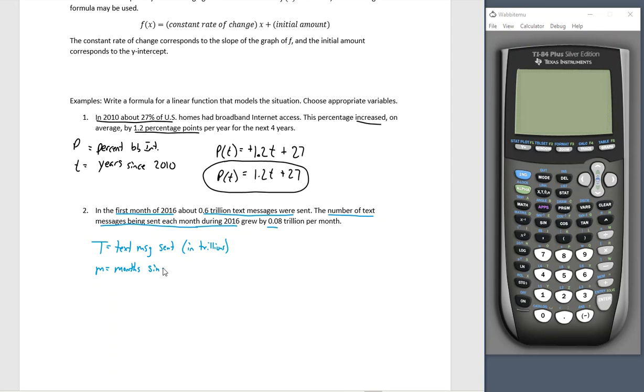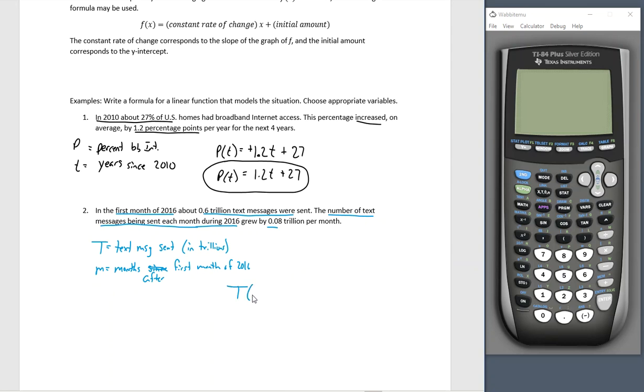Months since the first month. Months after might be more understandable. After the first month of 2016. And I know that first month is January, but not everybody speaks the same language, so we'll just leave it at that. Math, we all speak the same.